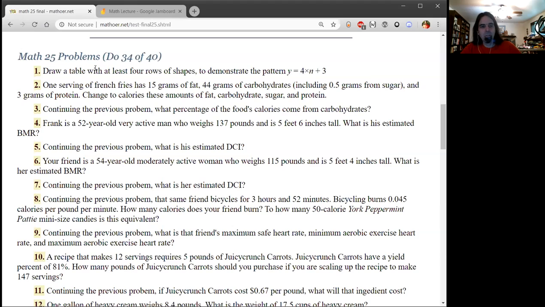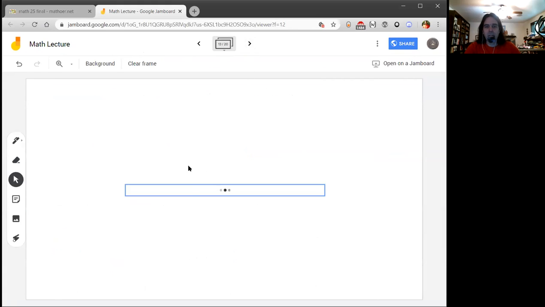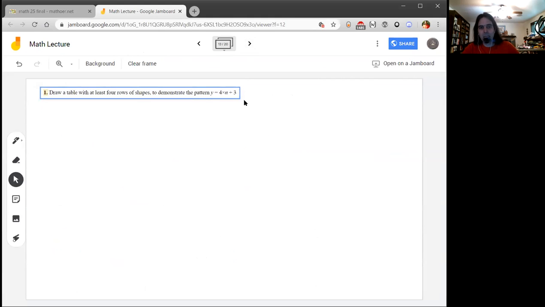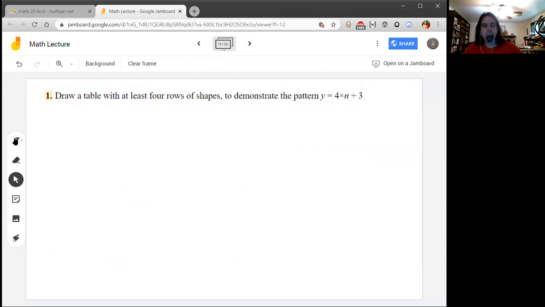This is a common one to skip, by the way, just because people don't like drawing tables. It does take a bit of time. This term, since your test is not a timed test, it's less of an issue. So if we have n and we have 4n plus 3, then as we're counting, actually I want to move this over so I have room, don't I?